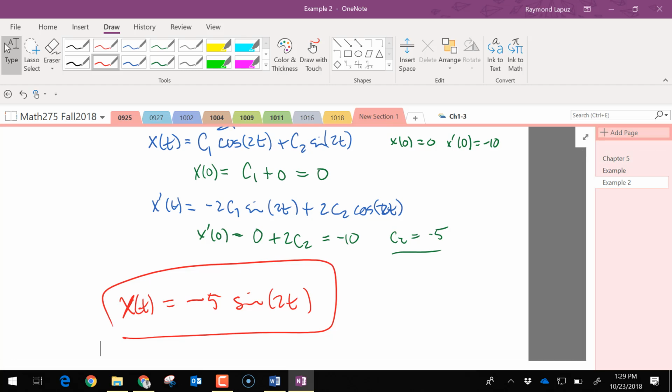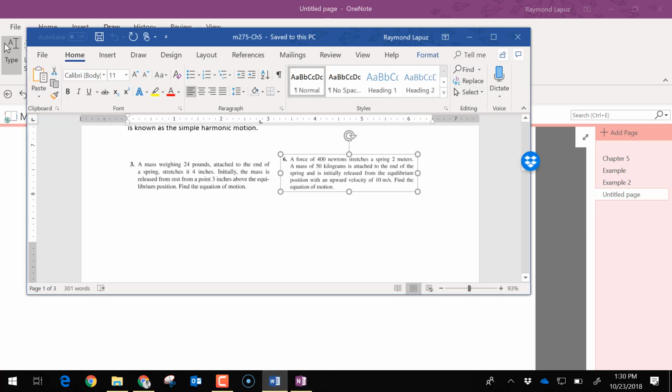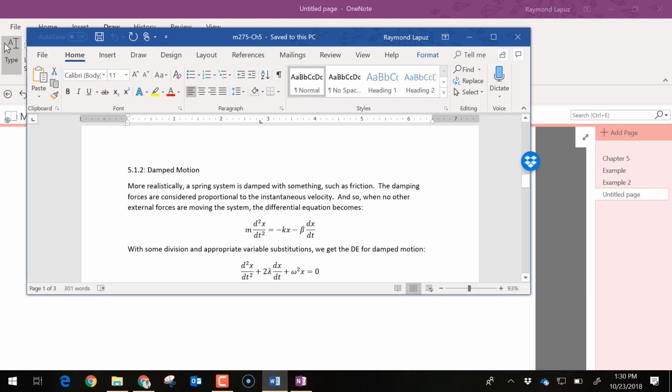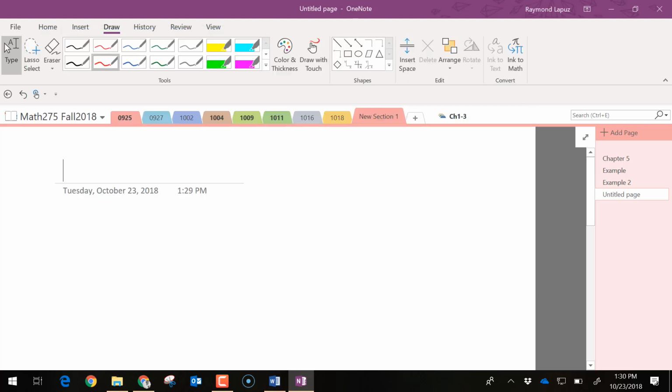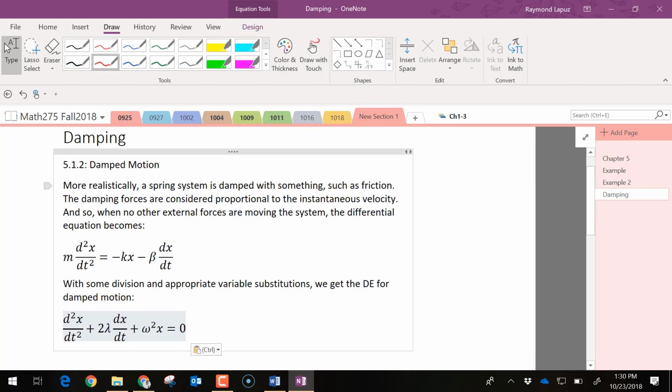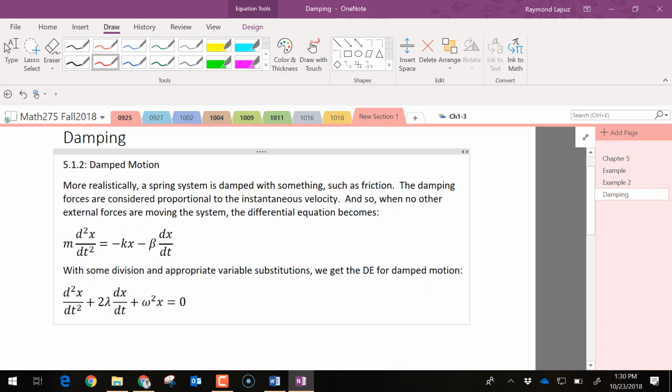Now let's do some damping. There's damping and no damping, and then there's either damping or no damping with an external force. So that's a non-homogeneous. Yeah, we're not doing circuits.